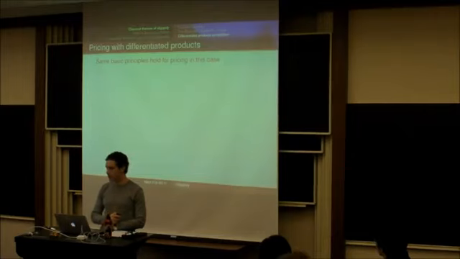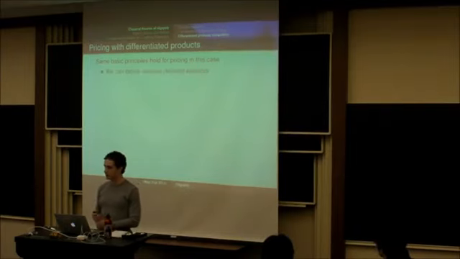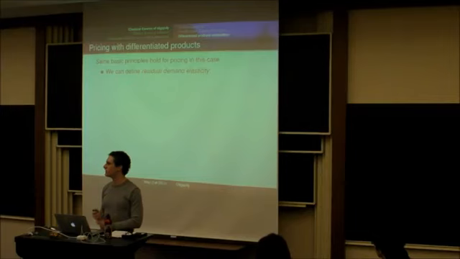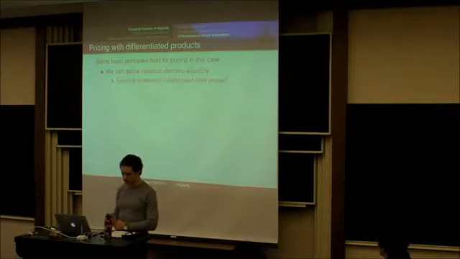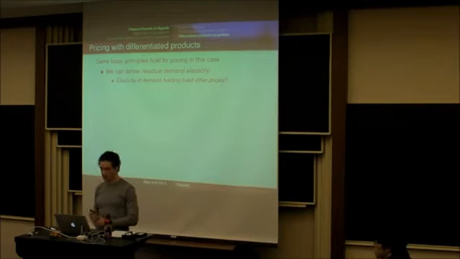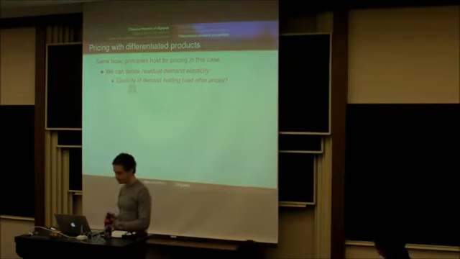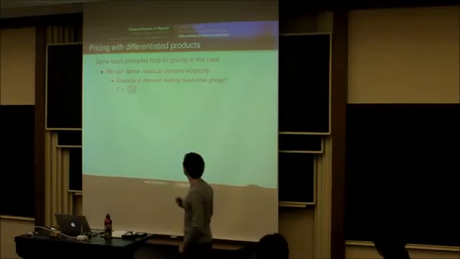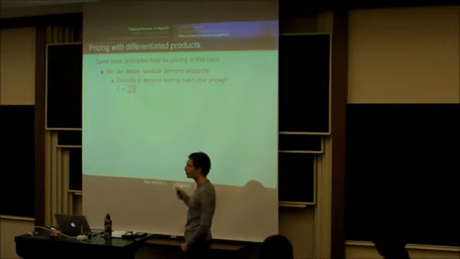Okay. So the same basic principles are going to apply for pricing in this case that we use to think about monopoly. We can define the residual elasticity of a firm's demand. That's the elasticity of demand holding fixed the prices of the other firms. So that's partial Qi, partial Pi, holding fixed all the other prices, times Pi over Qi.